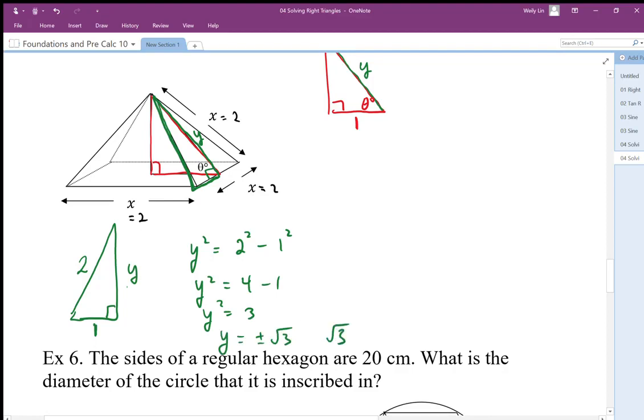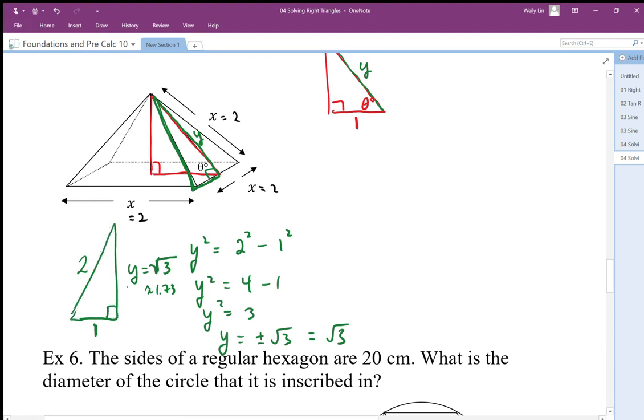That's approximately 1.73, but I'm going to keep it as an exact value, because we really want to start using exact values in math since it allows us to do more math. This is about 85% or so of the length of this edge here.